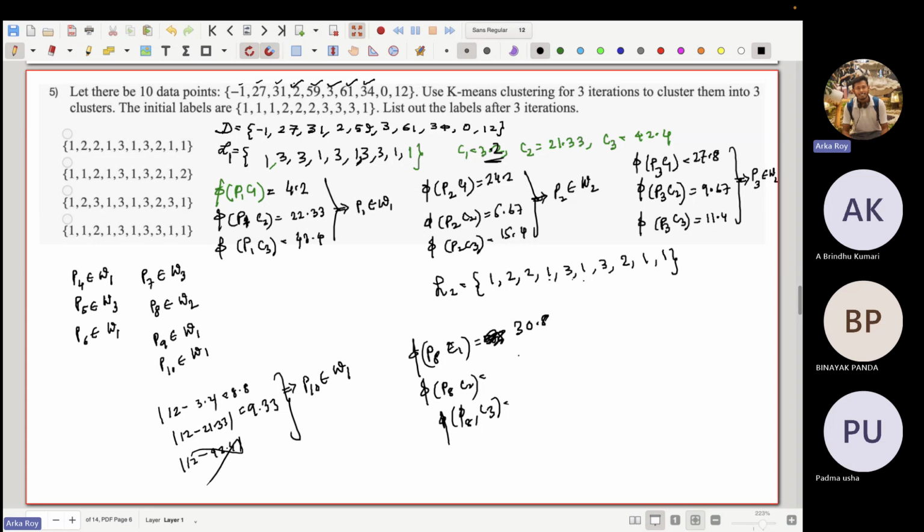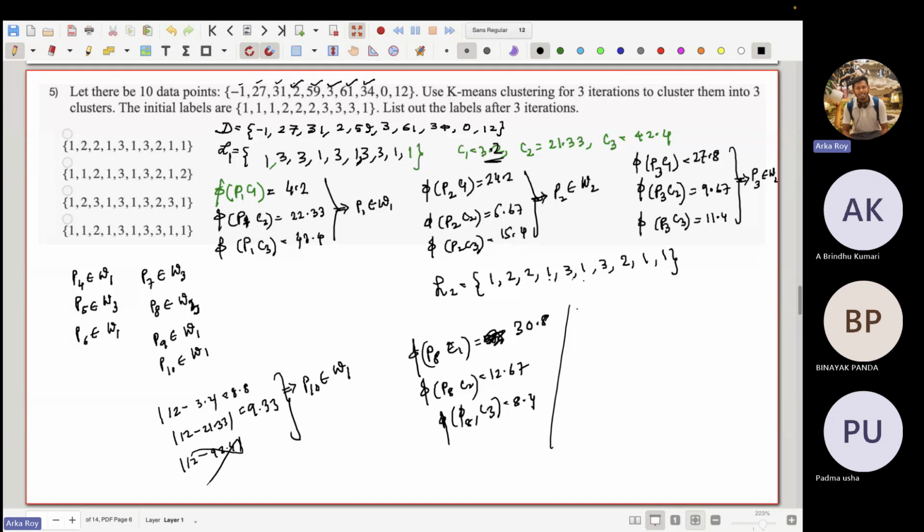Then you have 21.33, which is 12.67. And then the last one you have 42.4, which is 8.4. So sorry, P8 would be belonging to omega 3.